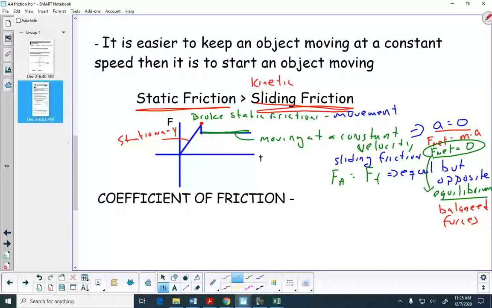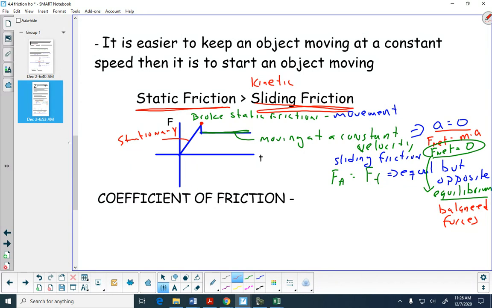Hopefully steer it so it doesn't run into the ditch. Your car will eventually stop. The reason why is there's going to be friction between the surface and the tire still. There'll be friction that's internal within your car. Your tires will have some friction.